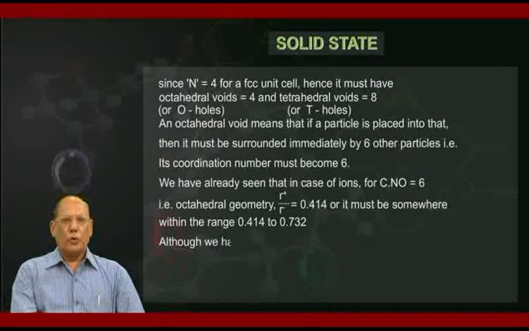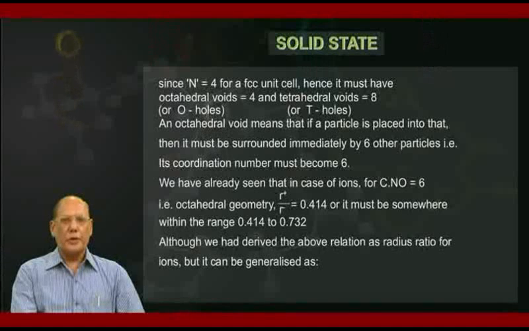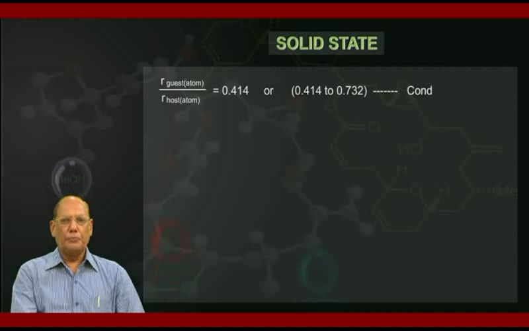Although we had derived the above relation as radius ratio for ions, but it can be generalized as radius of the guest atom upon radius of the host atom is equal to 0.414, or within limit from 0.414 to 0.732.